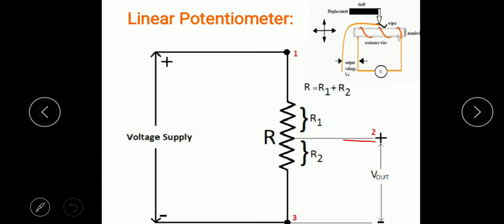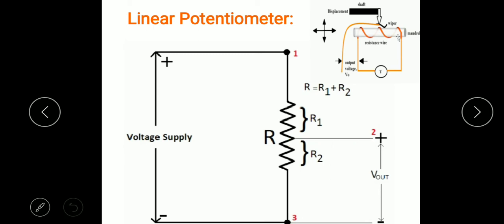So here the wiper is making the contact, that's why the one resistance value R is divided into the two components R1 and R2. If we add these two, R1 plus R2, then finally we will get the total resistance R. But the division of the resistance occurs just because of the wiper contact.